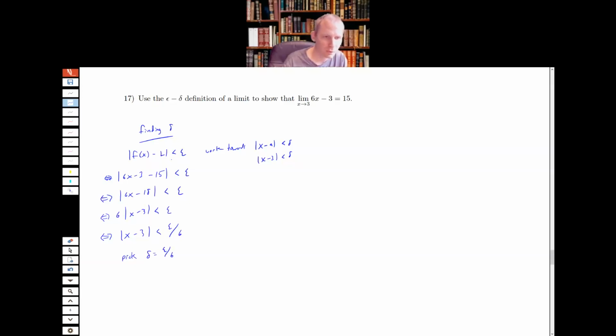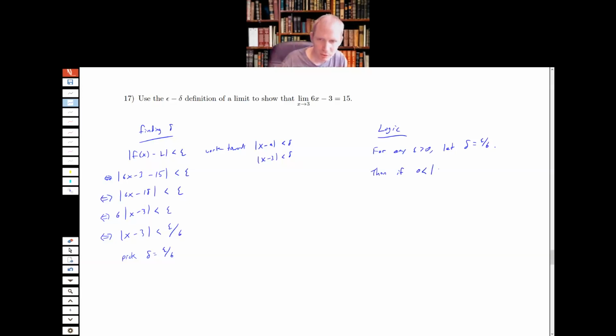Okay, this was backwards. I'm starting with what I wanted to conclude. So the proper direction from the logic side is, for any number epsilon greater than 0, let delta, right, for any epsilon, we pick the delta. We're going to let the delta equal epsilon over 6.